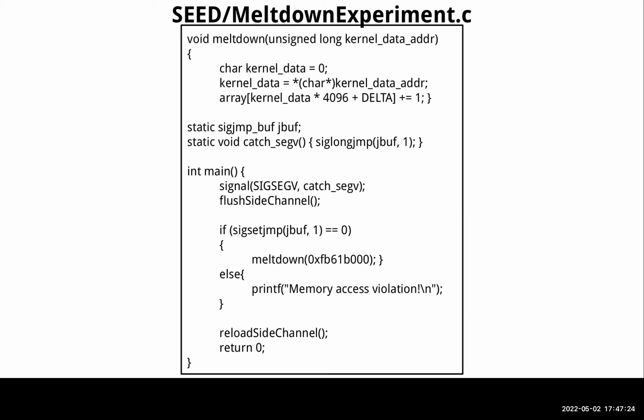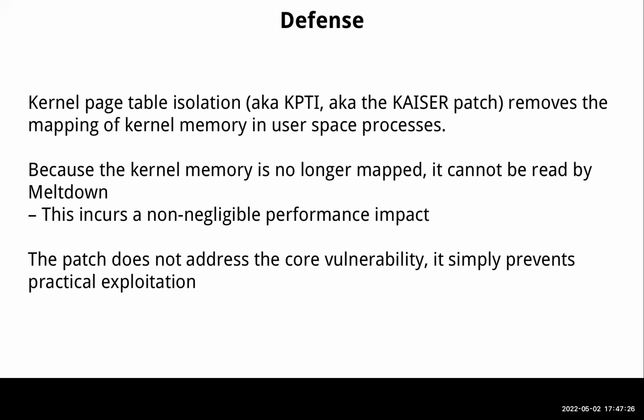Okay. But because of that, there will be some performance issues, because mapping that is to make the system faster. Also, some parts of the kernel memory have to be mapped, for example the exception handling part. So if you remove the kernel mapping, you are still not removing everything.